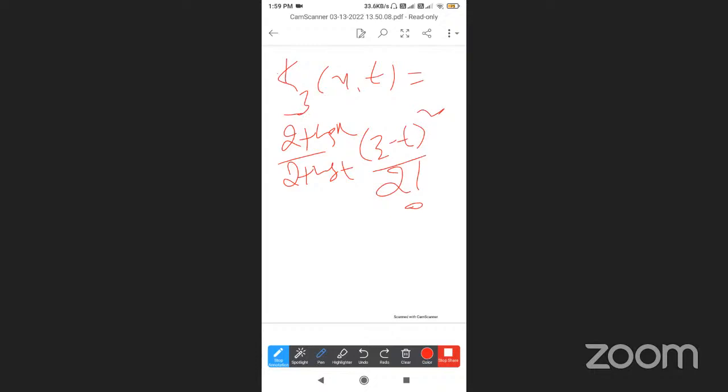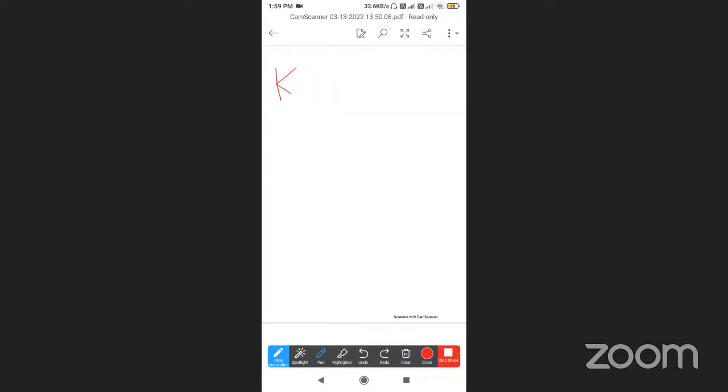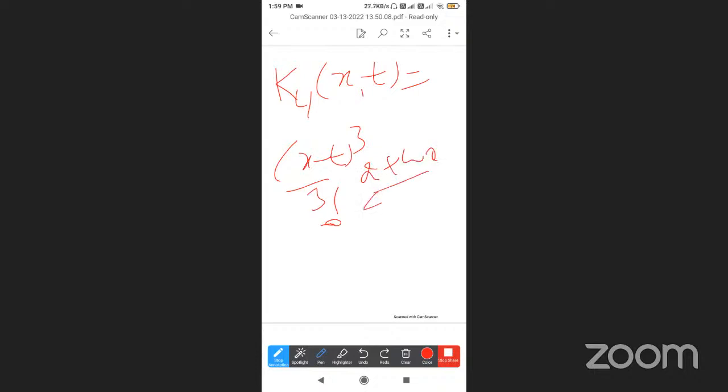So we can find K4 of x comma t: it is the same, x minus t whole cube by 3 factorial, into 2 plus cos x by 2 plus cos t. And K1 is already given as the function. Then K2, K3, K4 and so on up to the nth iterate Kn.